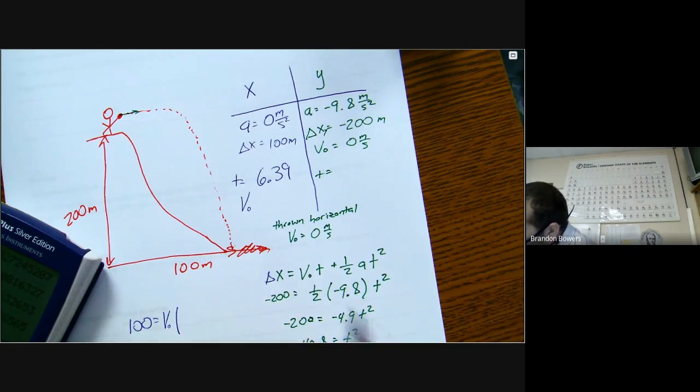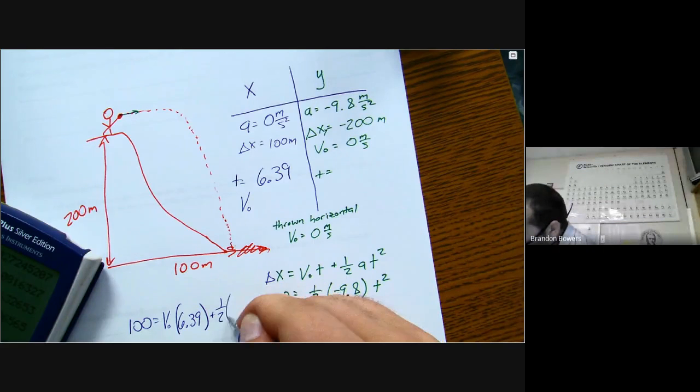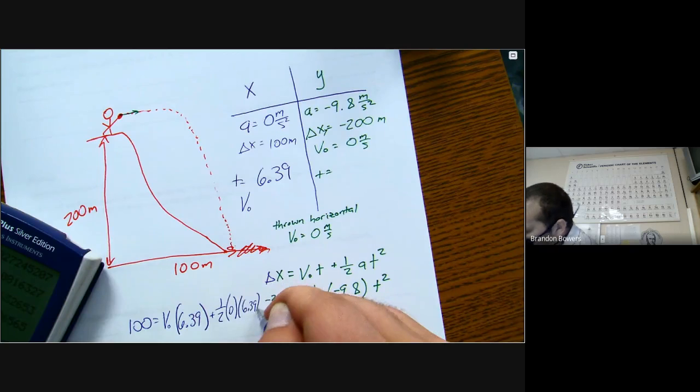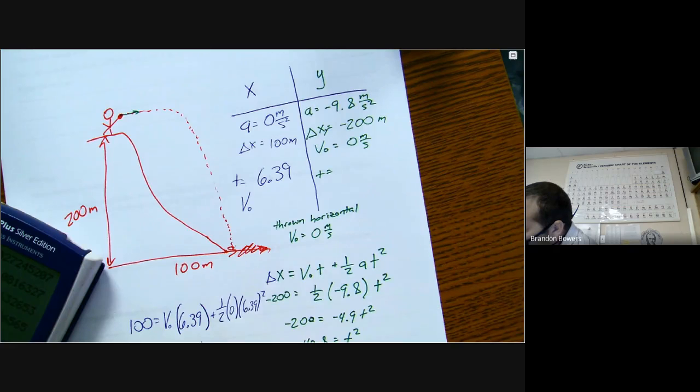What's my time? 6.39. Plus half the acceleration. What's my acceleration? 0. times 6.39 squared. So I have 100 is equal to the initial velocity times 6.39. Does that make sense?